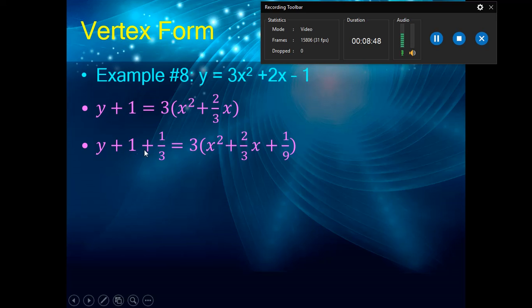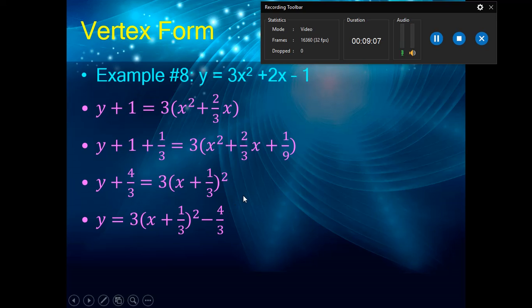Now, when I combine my constants, I'm going to make this whole number 3/3, so that I'll get 4/3. And then I'm going to write my perfect square trinomial as a product of two factors. So this is x plus 1/3, and then x plus 1/3. We're going to simply subtract 4/3. And even though they're fractional, the vertex is located at -1/3 and -4/3.